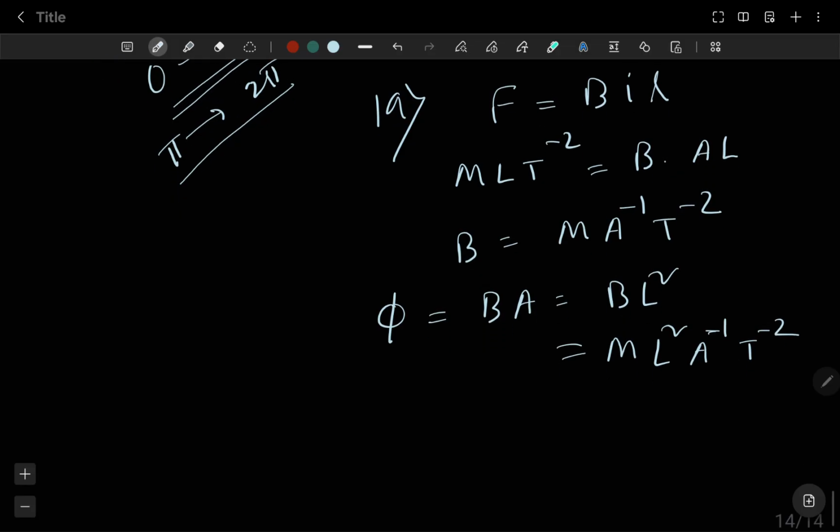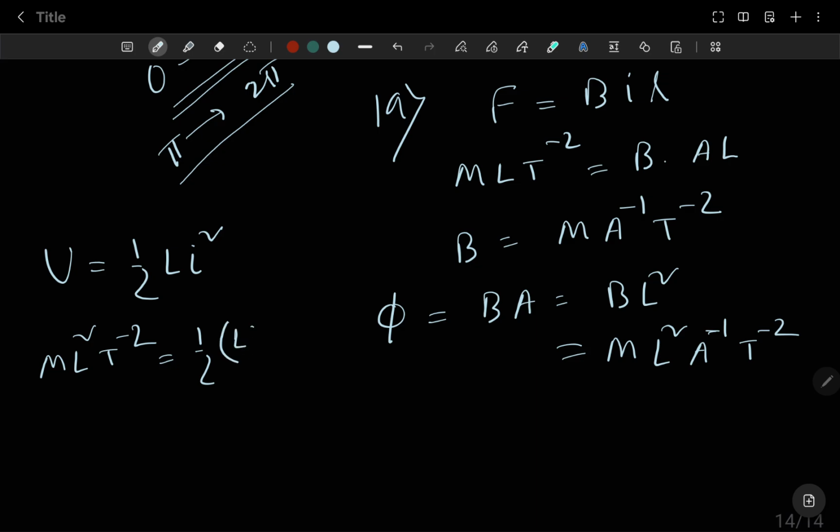And they have asked you to calculate the dimensional formula of self inductance, L. It's always easy to calculate L from U is half L i square. So this is M L square T to the power minus 2, and this is half, this self inductance L. Do not consider it to be length.